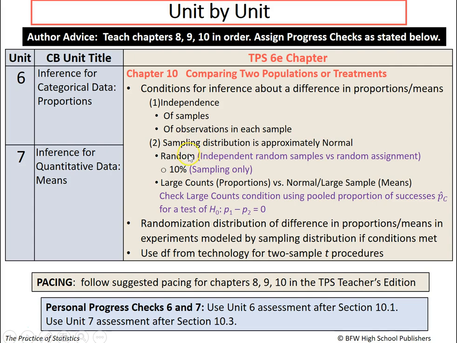So we check the same three conditions. Randomness in this case means independent random samples, or if we're in an experimental setting, random assignment to treatment groups. We check the 10% condition only if we're sampling.